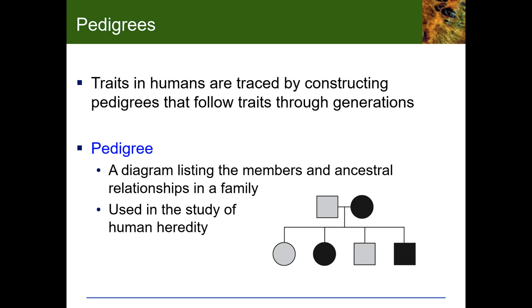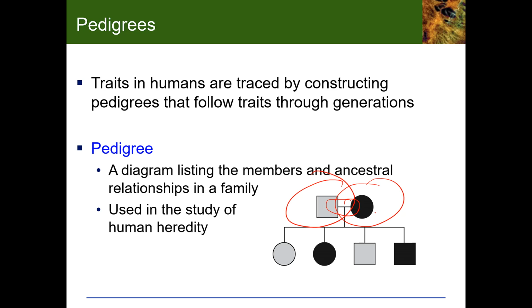It's used in the study of human heredity. A couple quick things to note here. Generally if you're a box, that's a male. If you're a circle, that's a female. And the line between the two means that they had some sort of relationship which provided offspring as a result of mating, and this line here shows their children.